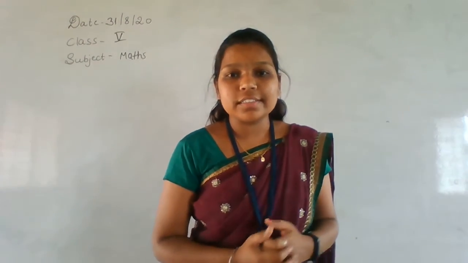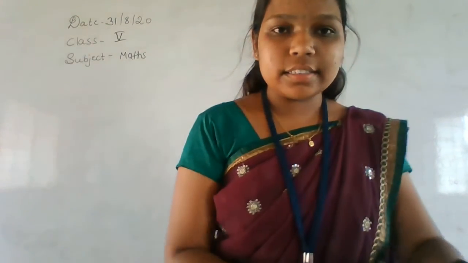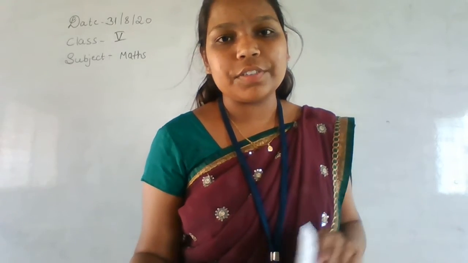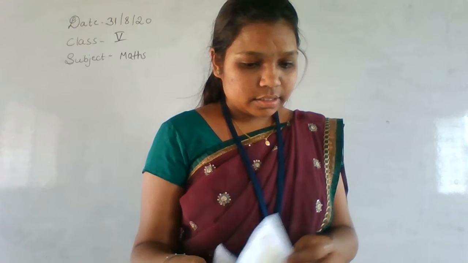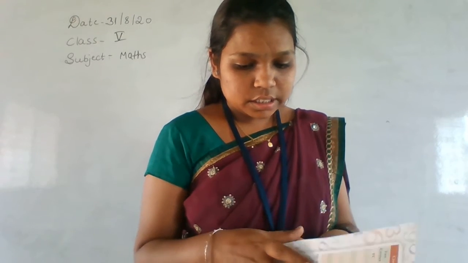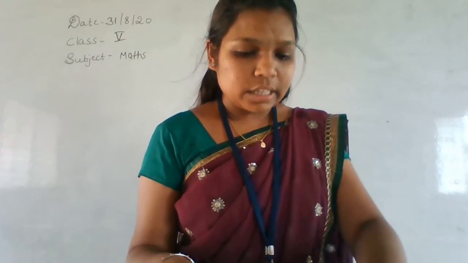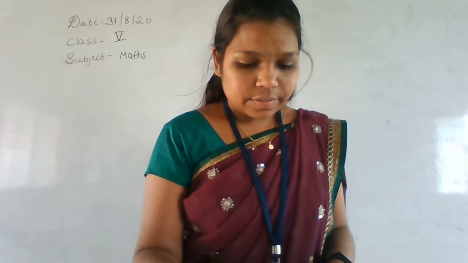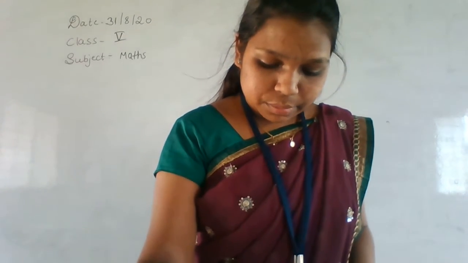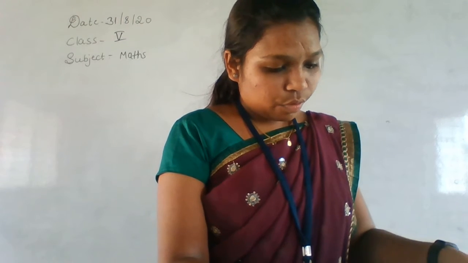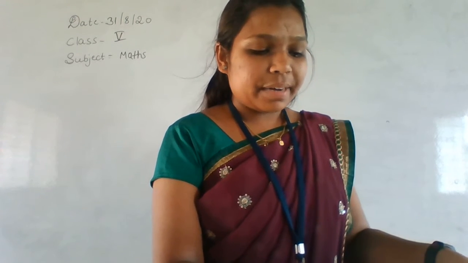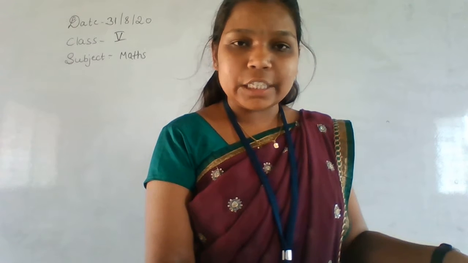Okay, good morning children. In the last class we solved exercise 1.2, the first main finished, and after that the second main also finished. That is: write the place value of a 2 in each of the following.